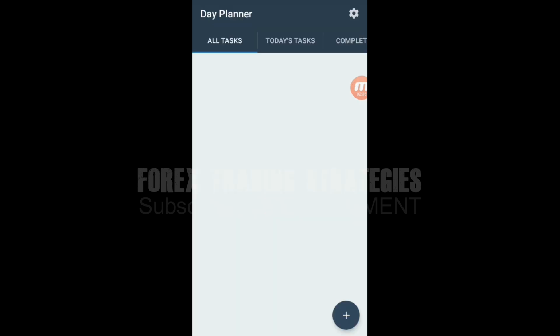It also has my daily planner. I've just cleared it a bit because I'm running some side hustles and I am also doing Forex trading, so I try to keep my day as planned as I can. So the daily planner is another important app on my phone.